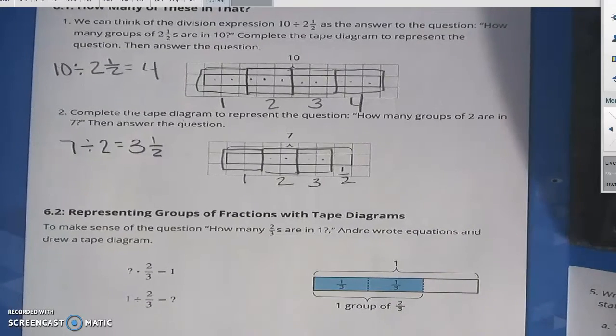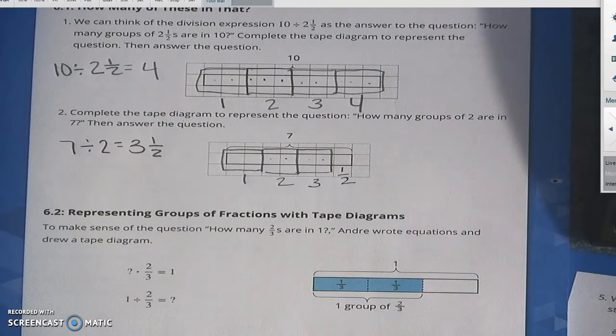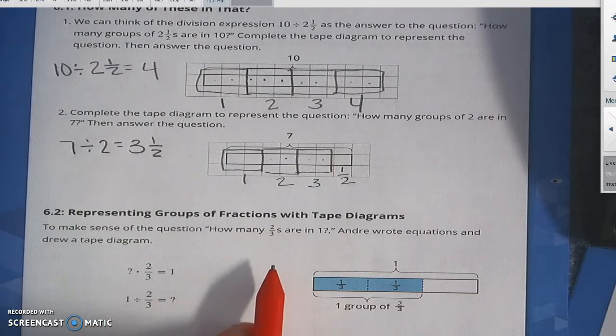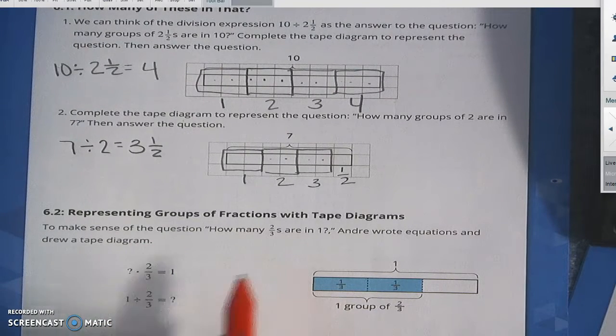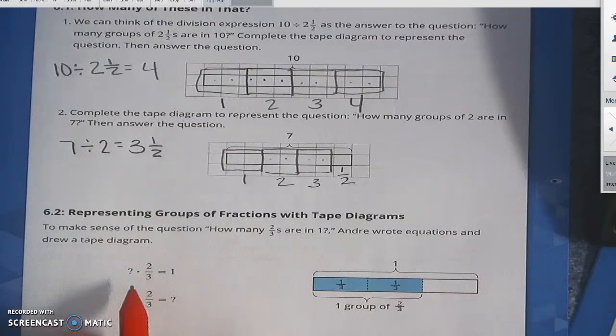We're going to look at one more example. To make sense of the question, how many 2/3 are in 1, Andre wrote equations and drew a tape diagram. So he wrote question mark times 2/3 equals 1, and 1 divided by 2/3 equals question mark, and then he drew a tape diagram.